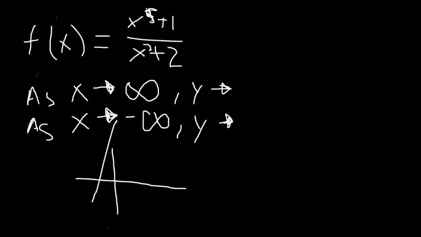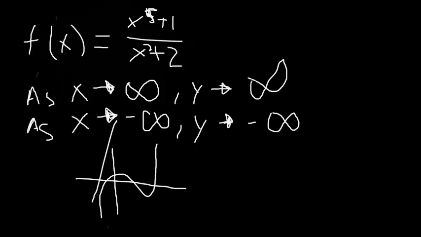you'll see something like a cubic, because it's not a cubic, it's close. So you'll see it approach negative infinity. As x approaches negative infinity, y approaches negative infinity, and as x approaches positive infinity, y approaches positive infinity.